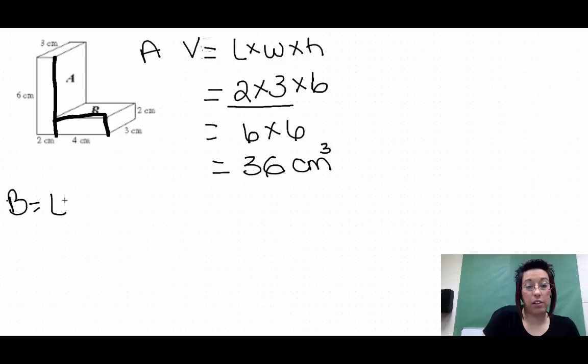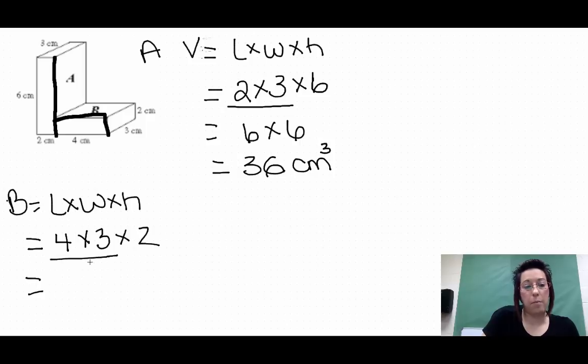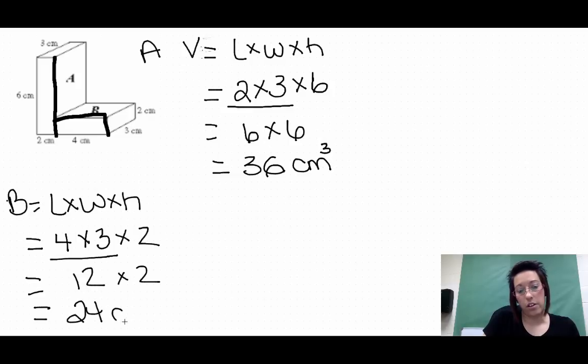Shape B, length times width times height. So we go 4 times 3 times 2. Step by step, 4 times 3 is 12 times 2 is 24 centimeters cubed.